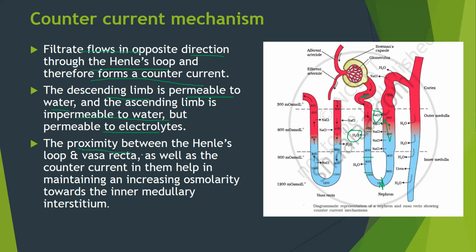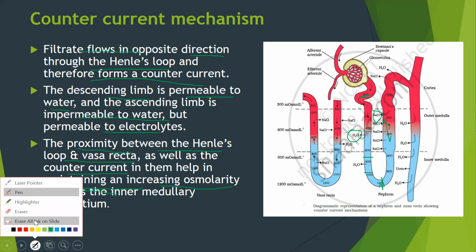The proximity between the loop of Henle and the vasa recta forms a counter current, and this counter current helps in maintaining and increasing osmolarity towards the inner medullary interstitium.